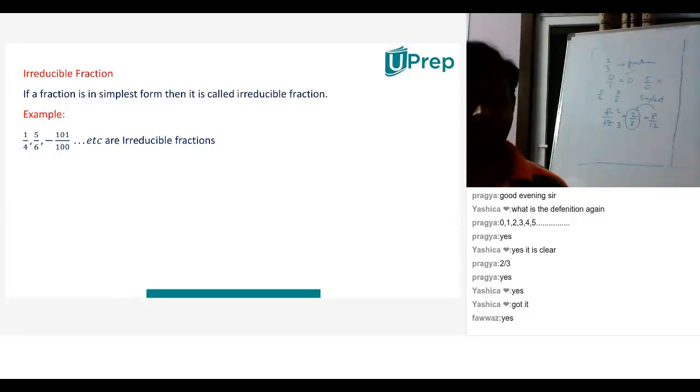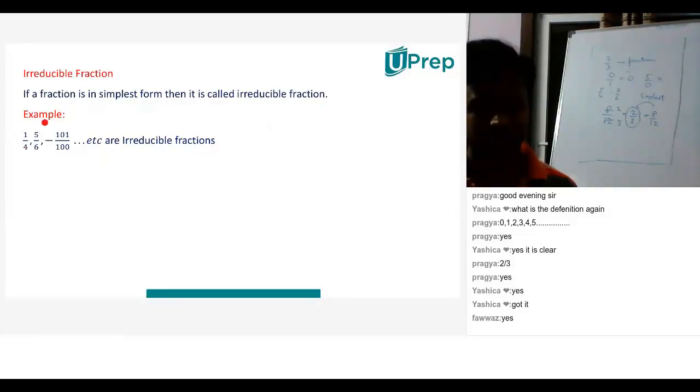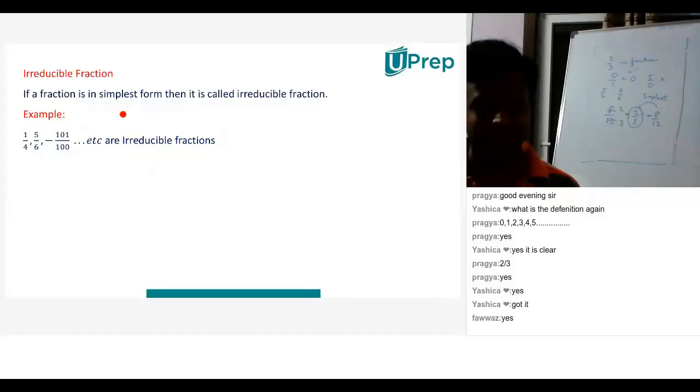So sometimes what happens is the fractions cannot be reduced. Like for example, 1 by 4, 5 by 6, 1 by 100, because they don't have any common factors. The numerator and denominator do not have any common factors except 1 here. That's the reason I cannot reduce them into any fractions.